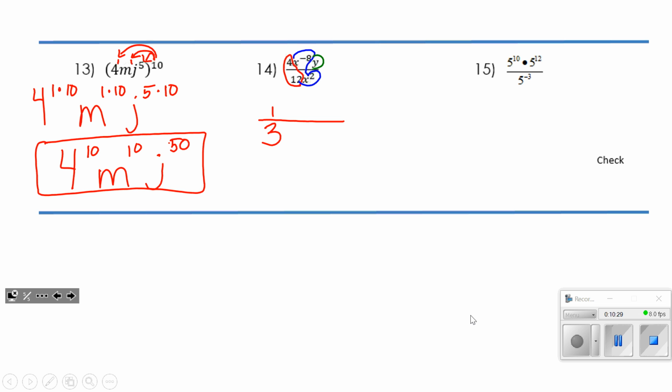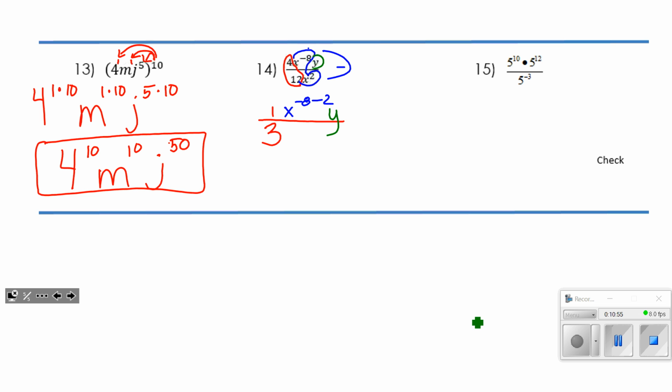So then the x's, because it's division, we are going to subtract, and we'll put them in the numerator. X to the negative 8 minus 2. And then the y just comes into the problem by itself.